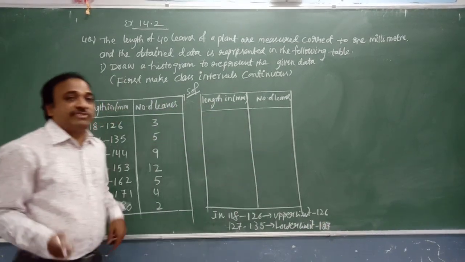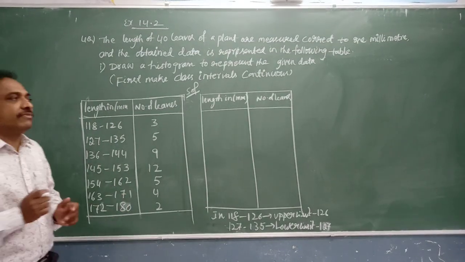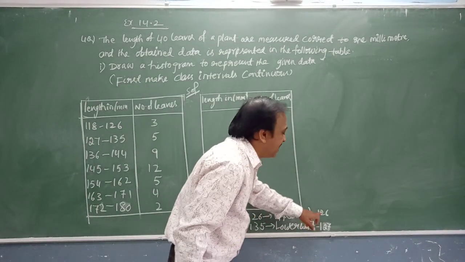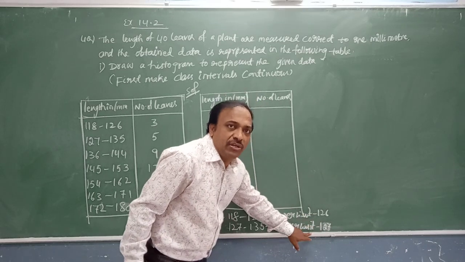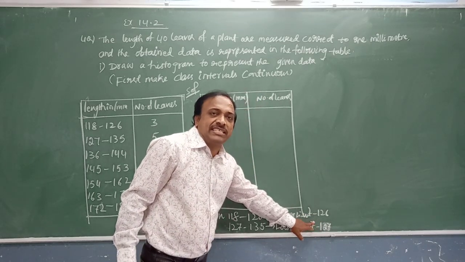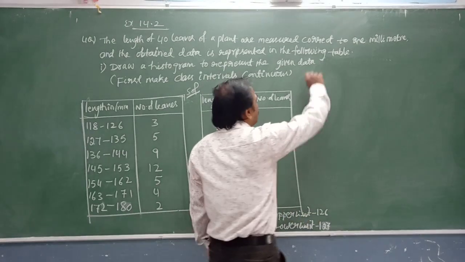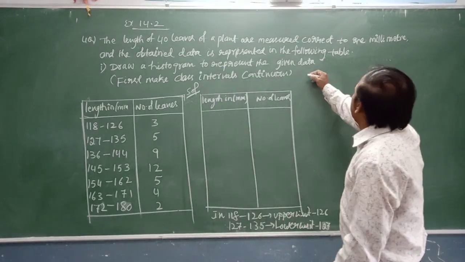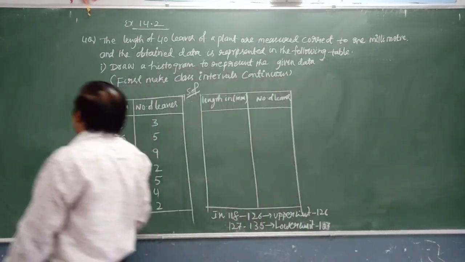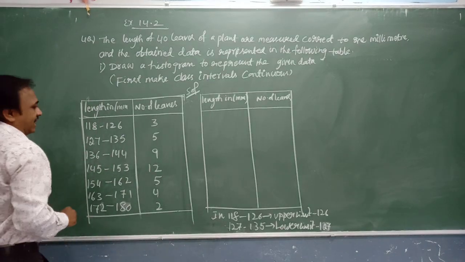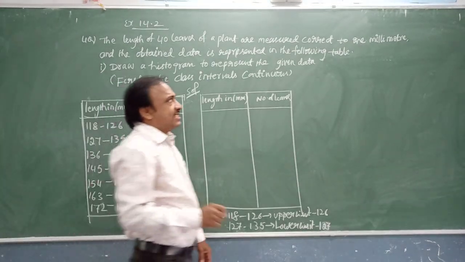You find the difference, the bigger one minus the smaller one: 127 minus 126.